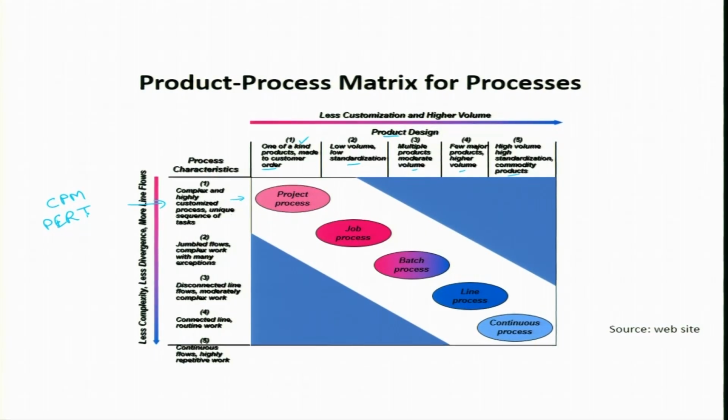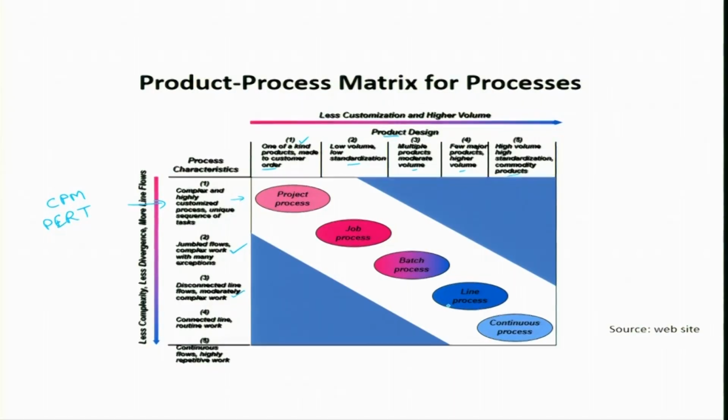Then comes the job shop. There is a jumbled flow and not a uniform flow, and complex work with many exceptions. Each job is of a different nature. Whereas in a batch production system, this is disconnected line flow and moderately complex, not as complex as job shop, but obviously more complex than the mass production system or line processes.